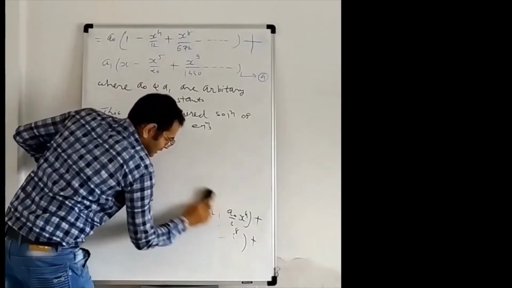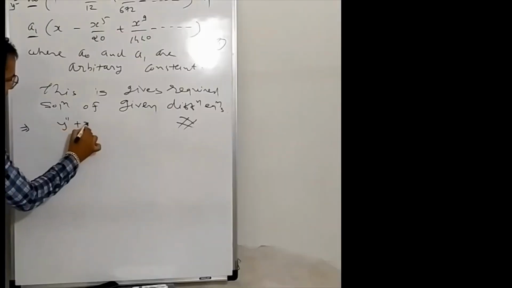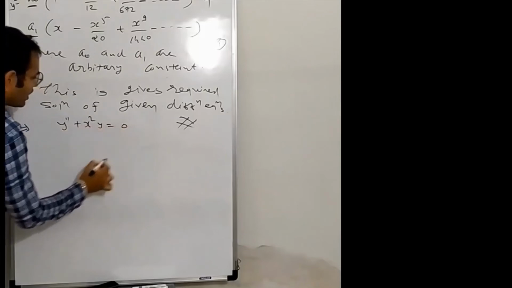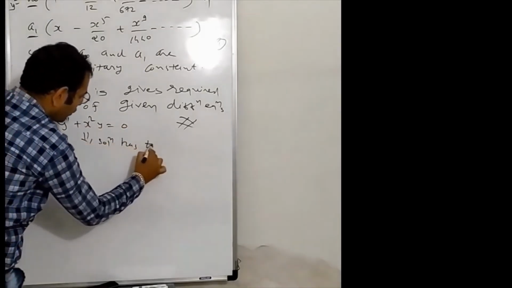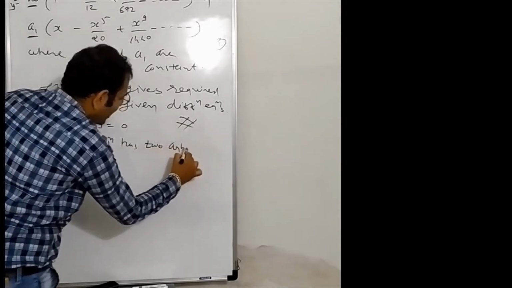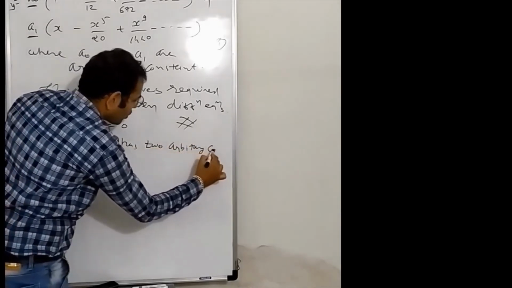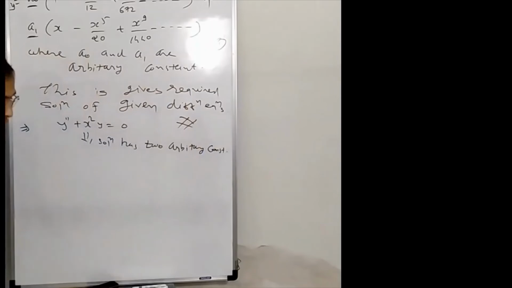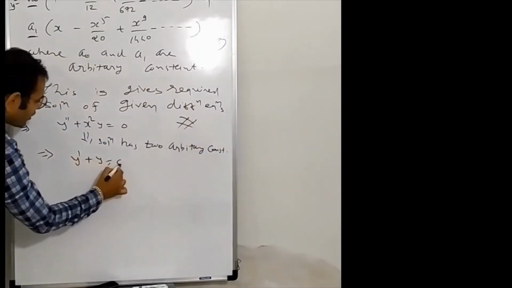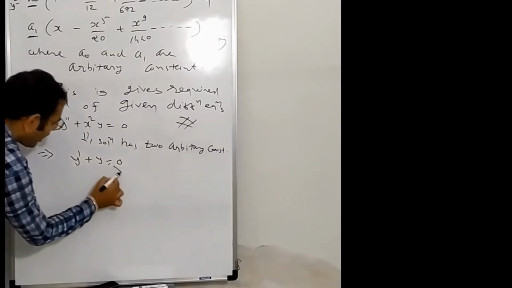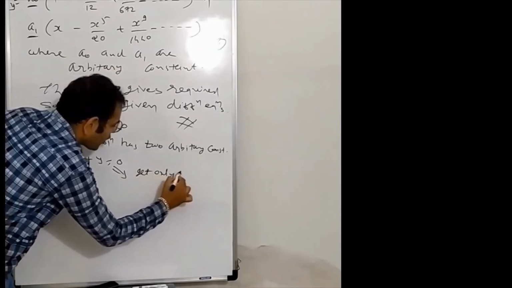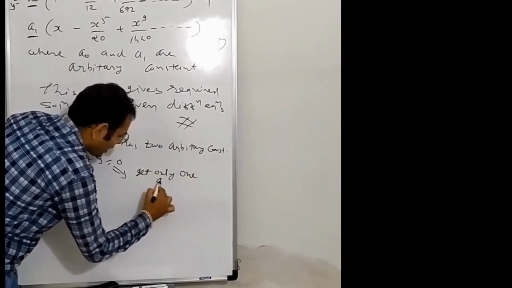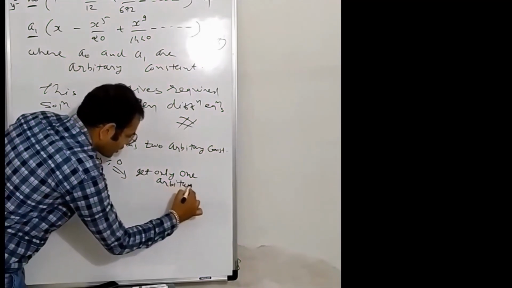In this example, the question is a second order differential equation, so the solution has two arbitrary constants. If the question has a first order differential equation, then we get only one arbitrary constant.